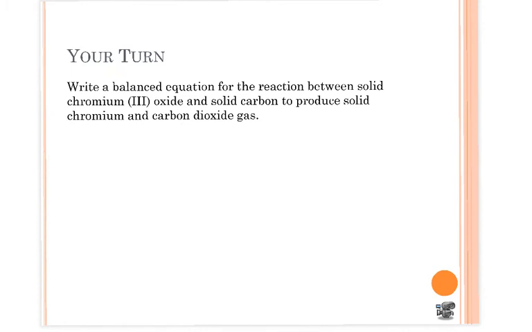Write a balanced equation for the reaction between solid chromium-3 oxide and solid carbon to produce solid chromium and carbon dioxide gas. Okay, so I want to write the components of my equation, and the first thing is solid chromium-3 oxide. Now, chromium-3 is like this, and it combines with oxygen because it's an oxide.